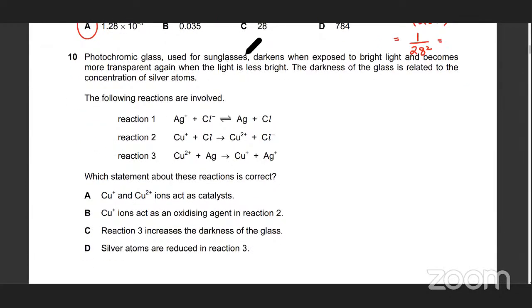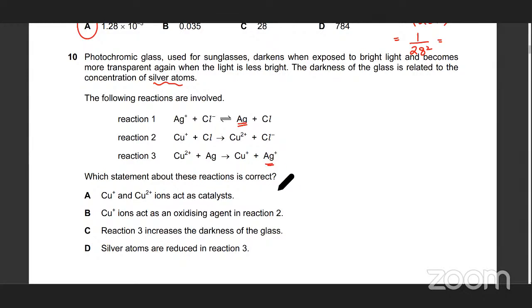Next is photochromic glass used for sunglasses, which darkens when exposed to bright light and becomes more transparent again when the light is less bright. The darkness of the glass is related to the concentration of silver atoms. So if silver atoms are forming, then it becomes dark, and if silver atoms are changing back into silver ions, then it's turning light again.